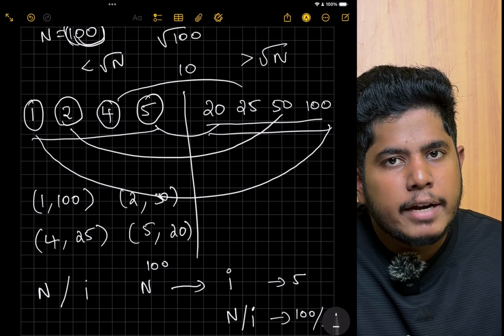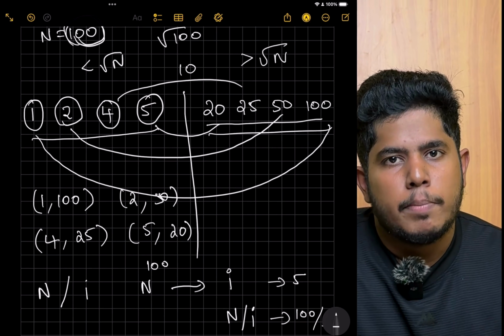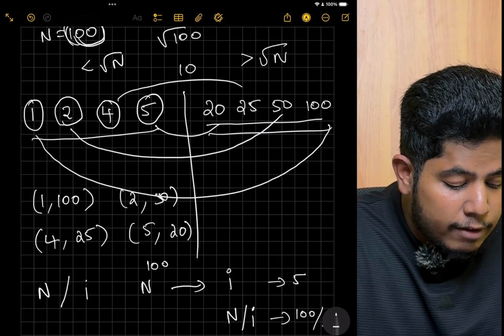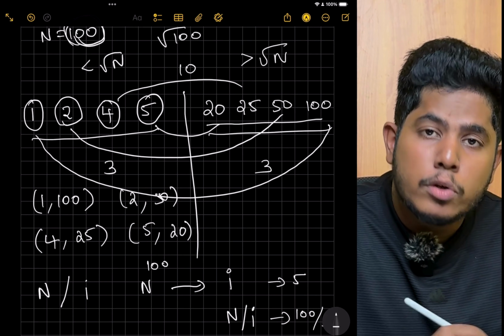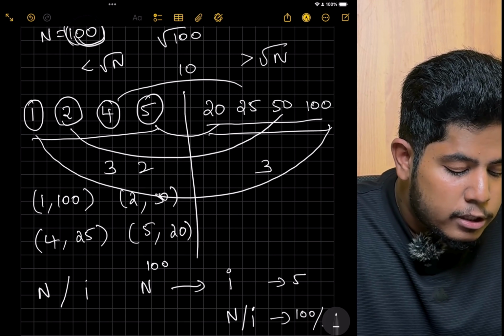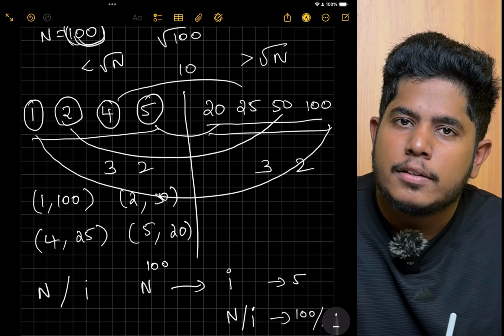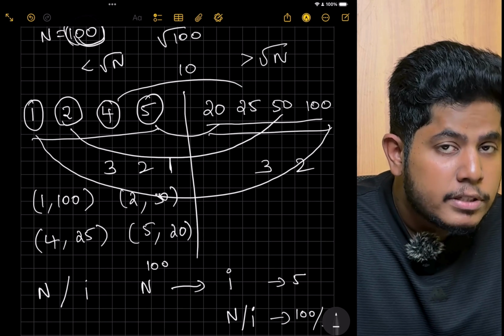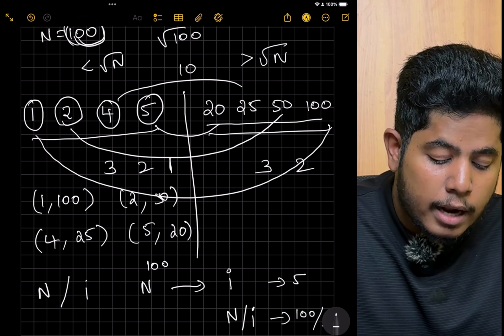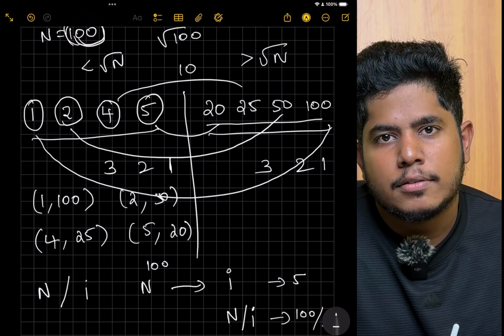If on the left side there are 3, the right side is also 3. If on the left side there are 2 factors, the right side is also 2. If on the left side there is 1 factor, the right side also is going to be 1 factor.